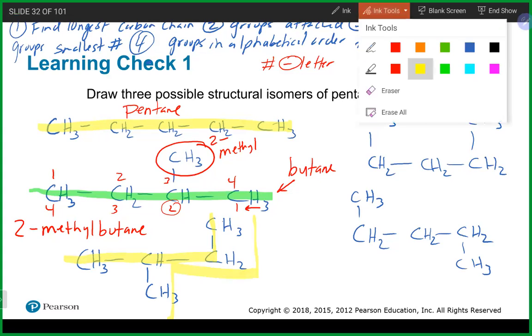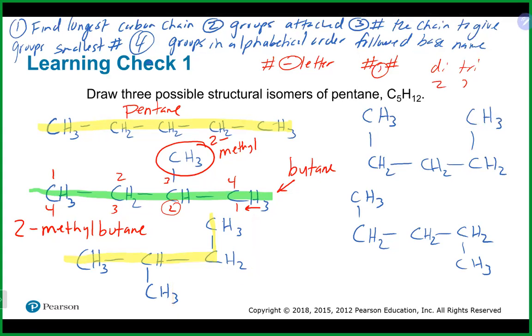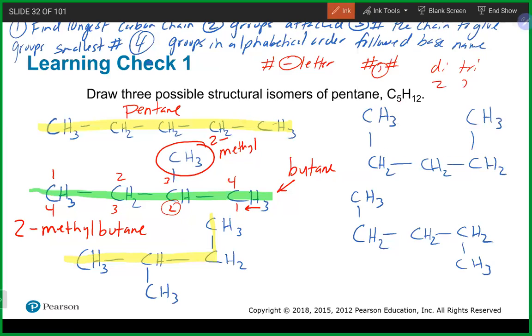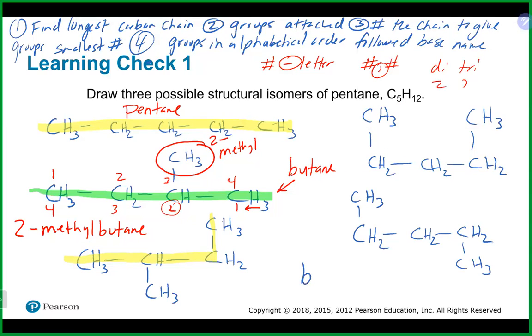All right, so let's see what I did here. I don't think I did good here on this one. So that is 4, which is the longest carbon chain, which means the base of our name should be butane here, right? We have one group attached right here, which is a methyl group.